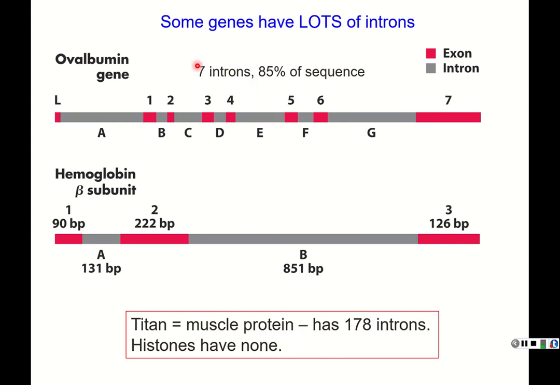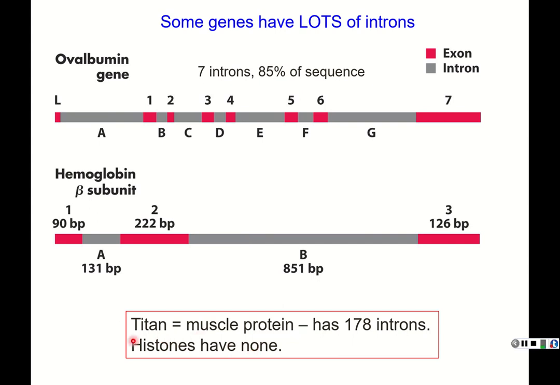In this gene, we have 7 introns, and that takes up 85% of the sequence of the gene. So it's a vast majority of this gene. Here in the hemoglobin beta subunit, there are only 2 introns, but again, it's a really large amount of the sequence.